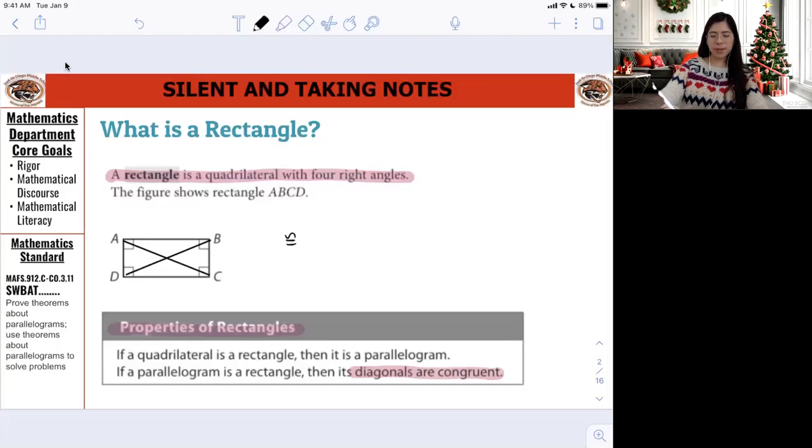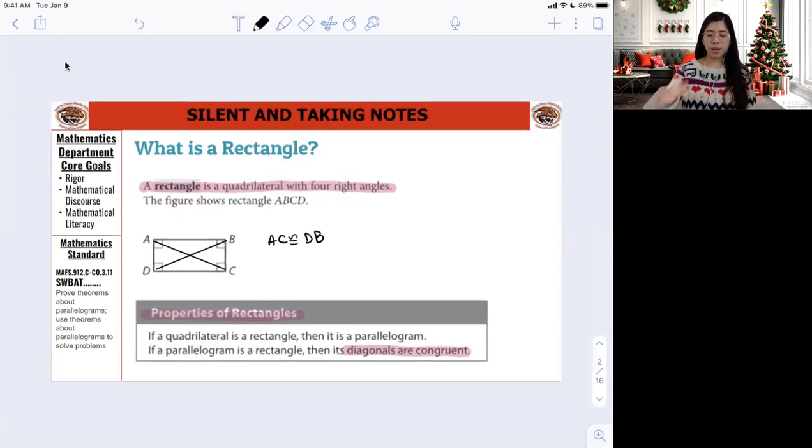What is congruent to what? Yeah, AC, you got it. AC is congruent to DB. One diagonal is congruent to the other one. And that's what we know about rectangles.